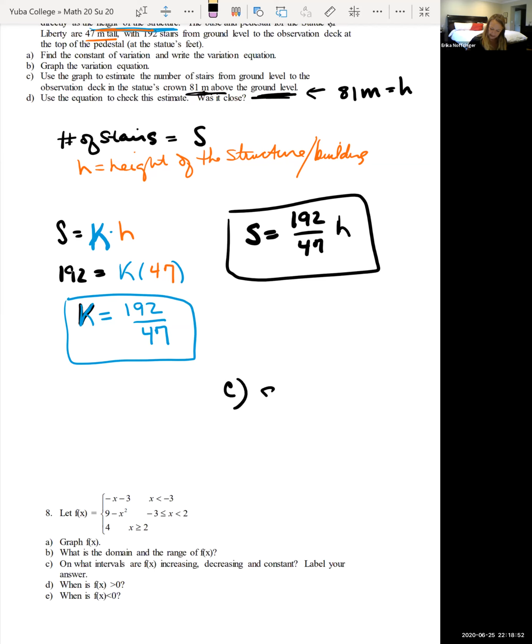I'm looking at S is equal to 192 over 47 times 81. So that is approximately 331.